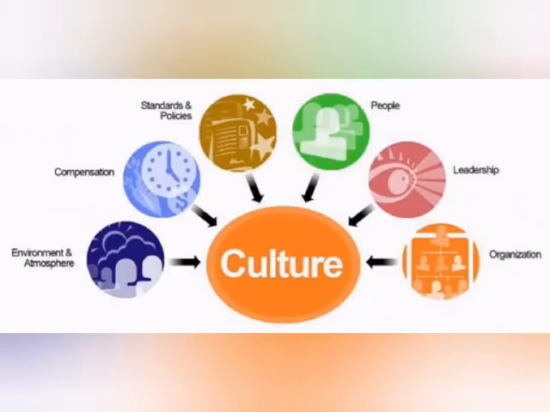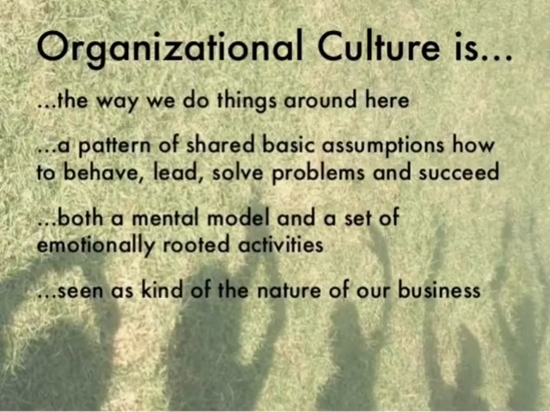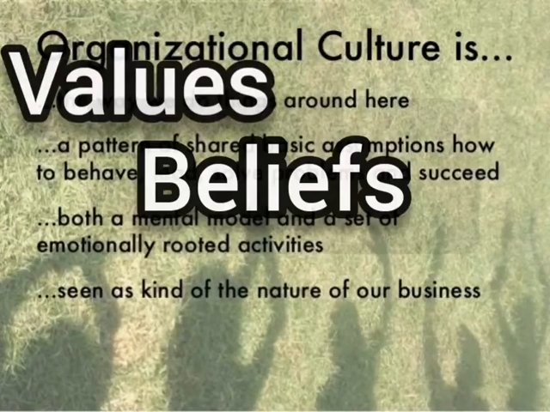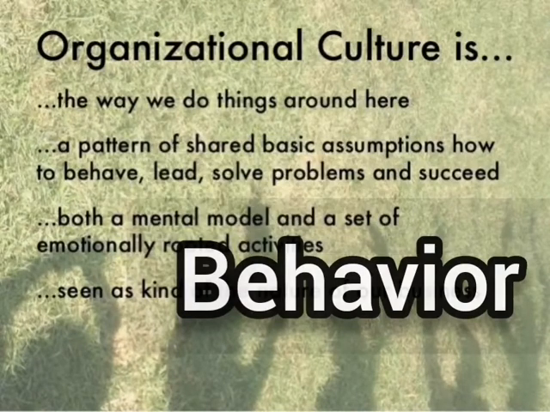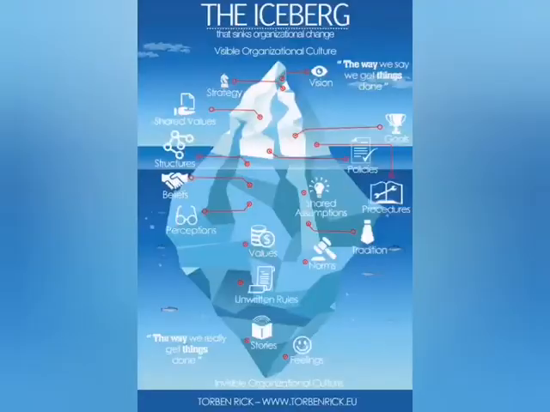Next, we'll look at organizational culture. Organizational culture, I believe, can best be summed up as the way we do things around here. In other words, the way things are done in a specific business. By the most basic definition, a team culture is made up of the values, the beliefs, the attitudes, and the behaviors that are shared by a team. It is how people work together towards a common goal and how they treat each other.